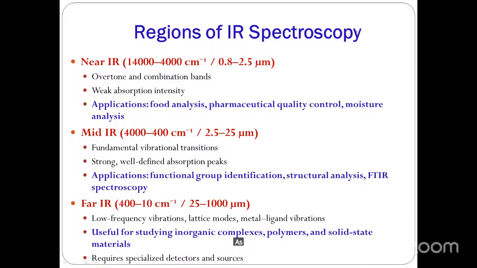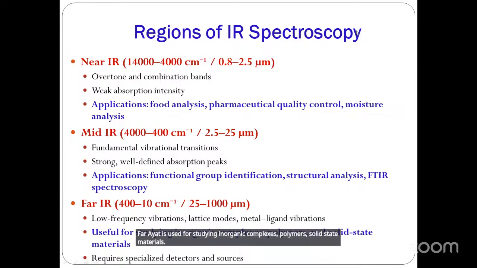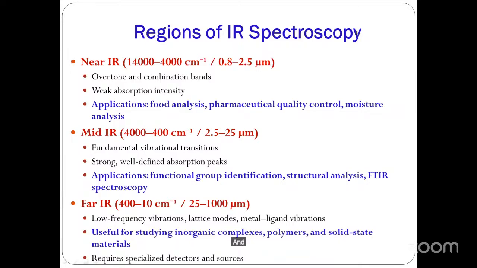As far as applications are concerned, near IR is used for food analysis, pharmaceutical quality control, moisture analysis, etc. Far IR is used for studying inorganic complexes, polymers, solid state materials, and the very important region as far as research is concerned is mid IR, which falls between 4,000 to 400 reciprocal centimeter.